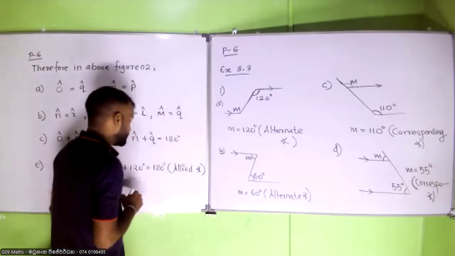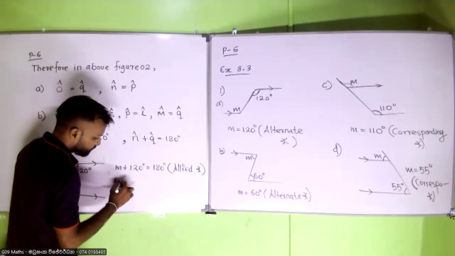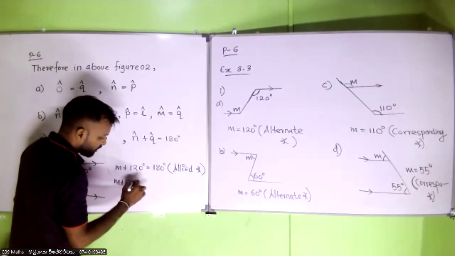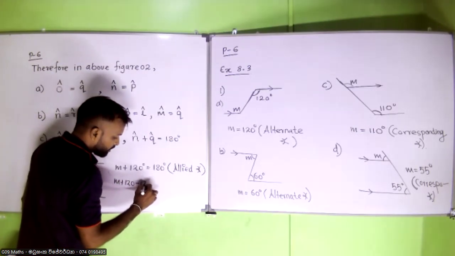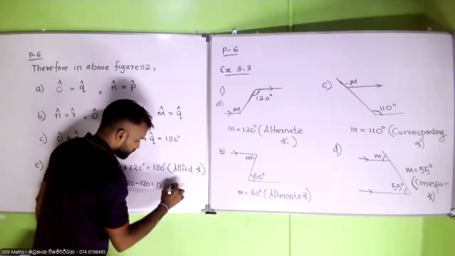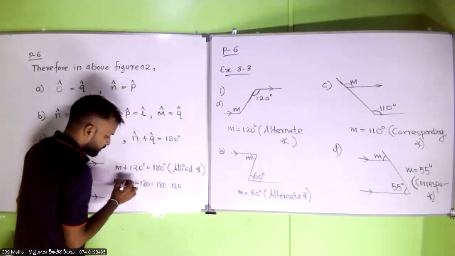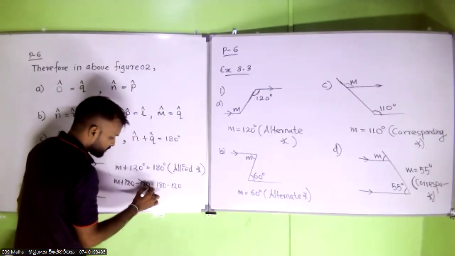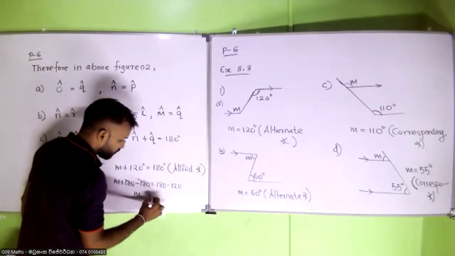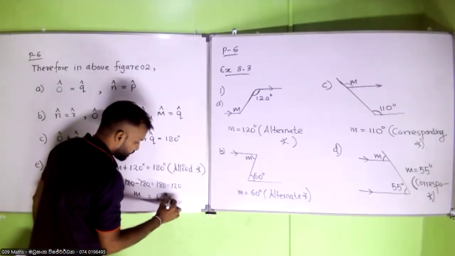Then you can simplify this. I am going to subtract 120 from both sides so that I can obtain the value of M. Cancel out. M is equal to 180 minus 120, 60 degrees.